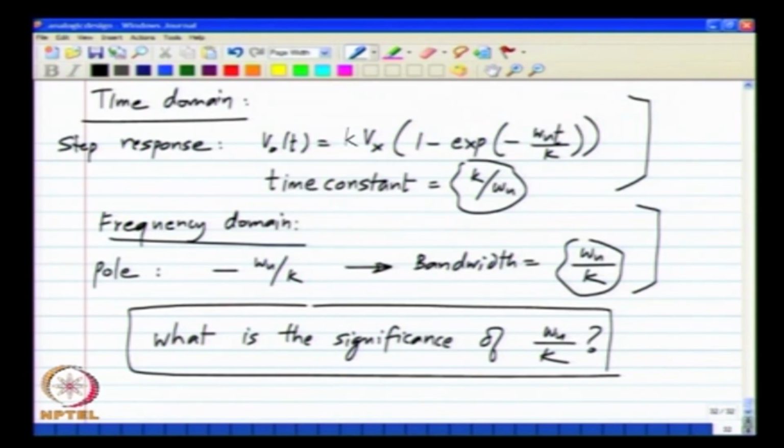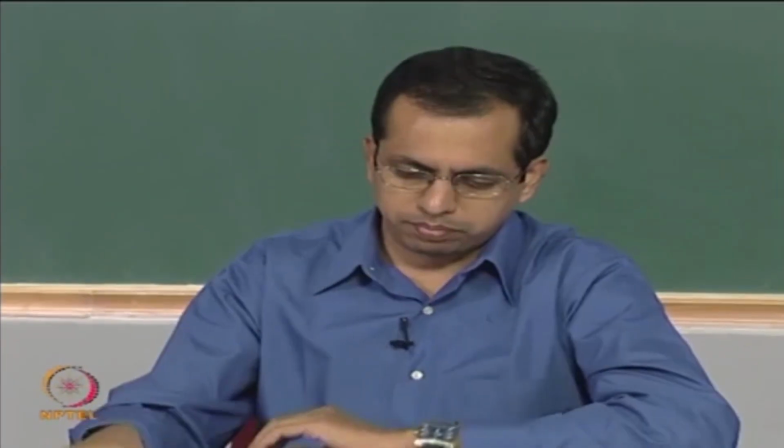So, what is the significance of omega u by k? Why does it appear in all these expressions? Is it just a coincidence or is there something more to it? So, that we can look at by examining the system in the frequency domain and going back to some of the concepts of control systems, negative feedback control systems. Okay.